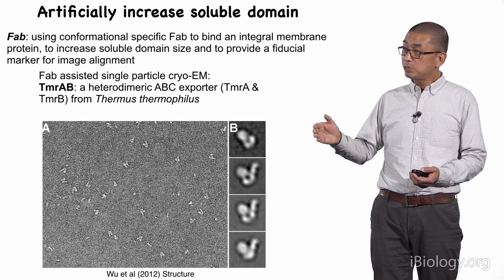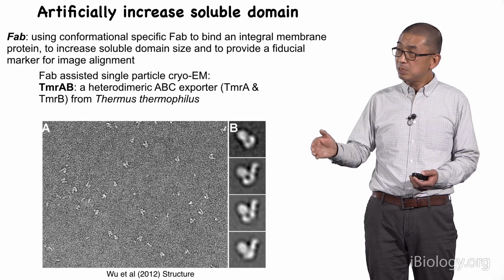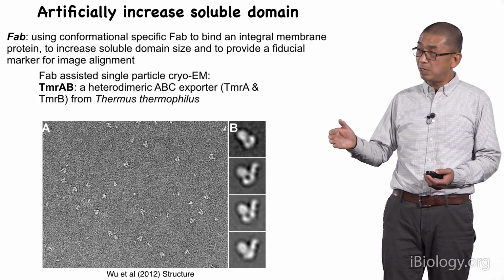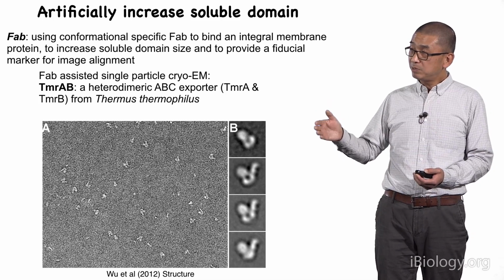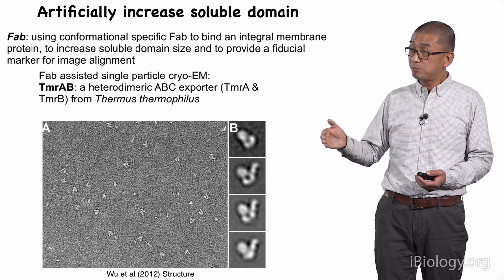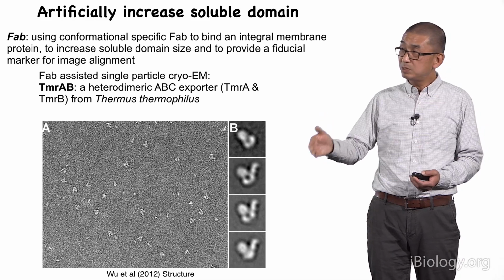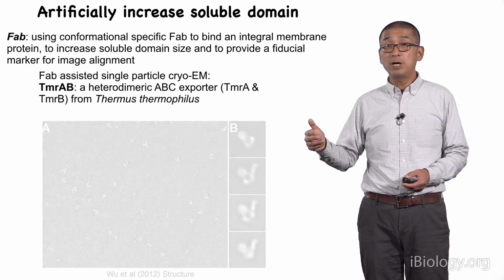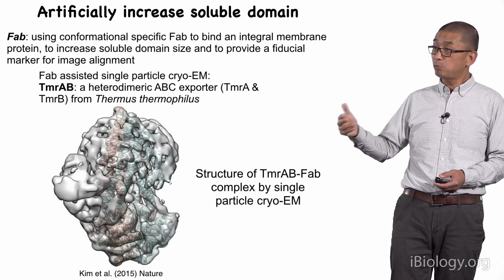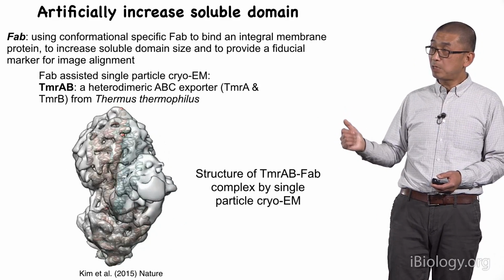So in this case, we generated a monoclonal Fab using a phage display library approach, panning against the membrane protein, generating this conformation-specific monoclonal Fab, which binds to one specific monomer. And using this Fab as a fiducial marker, we were able to get the structure of this membrane protein to sub-nanometer resolution.